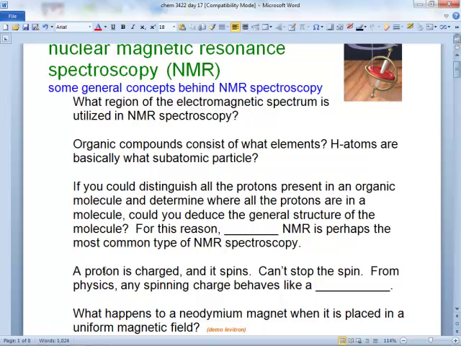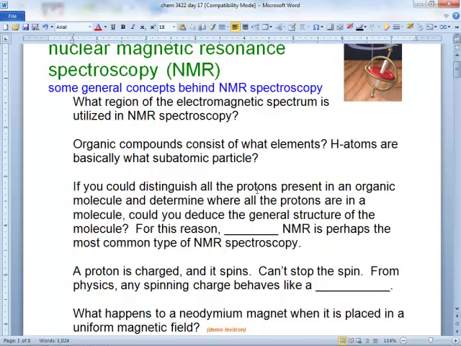Okay. So what subatomic particles would be electron or proton, right? We're going to be interested in, well, you can see right here, protons, right? If you could distinguish all the protons, Sandy, present in an organic molecule and determine where all the protons are in the molecule, could you deduce the general structure of the molecule?